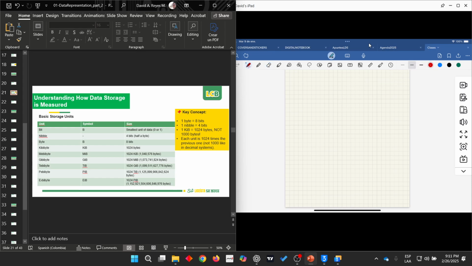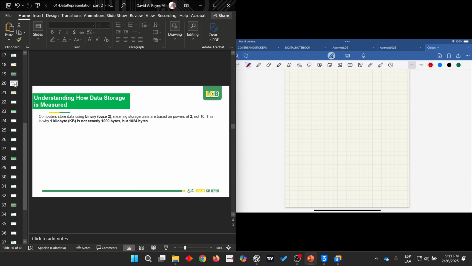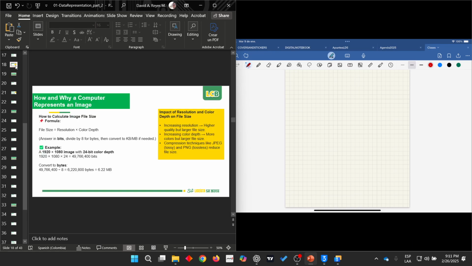Okay, for example, every single exercise that you are going to have, for example, this one in which we are calculating the file size of an image, everything that you are going to calculate, that means all the numbers that you are going to use, for example, 1024 times 900, means that we are using an image like this.